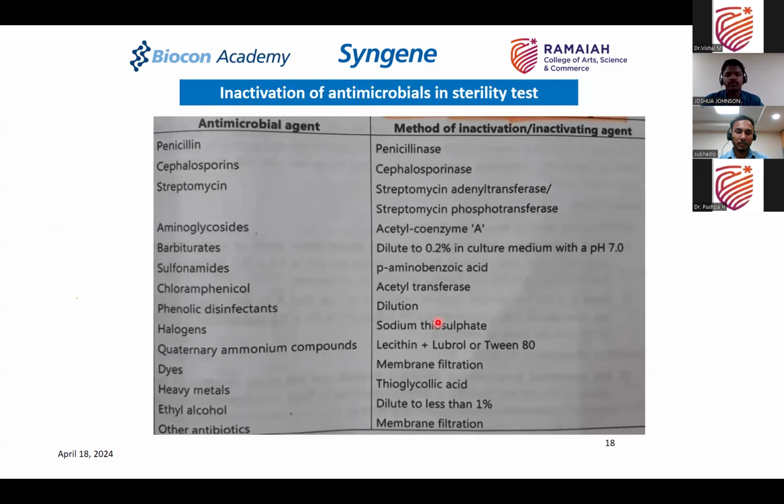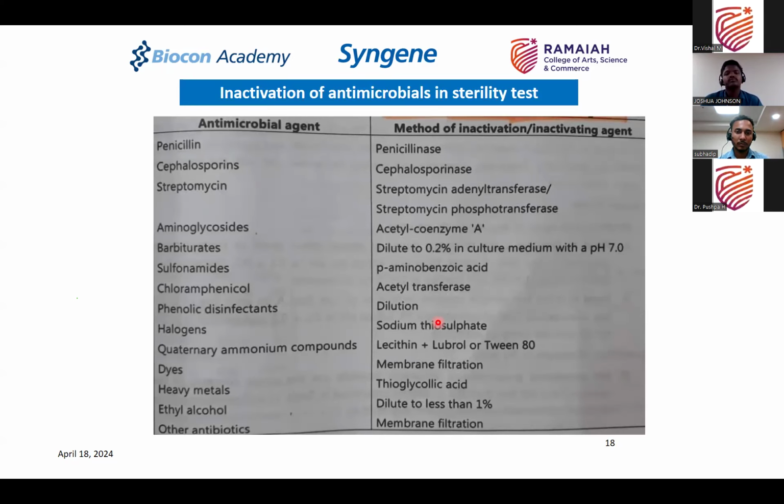Sometimes, if you want to analyze antibiotics, for example penicillin, to see whether there is microorganism, the microbiological analysis or the sterility test has to be conducted for some antibiotics, for example penicillin, cephalosporin, streptomycin, and many other components.